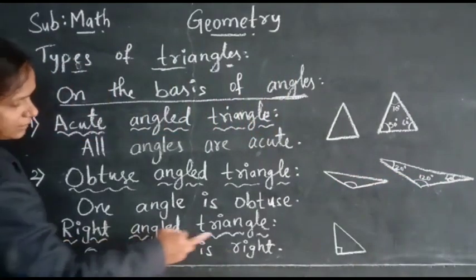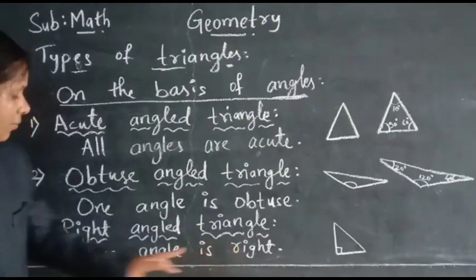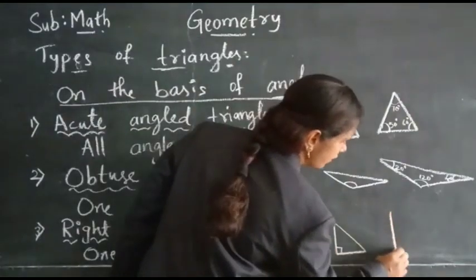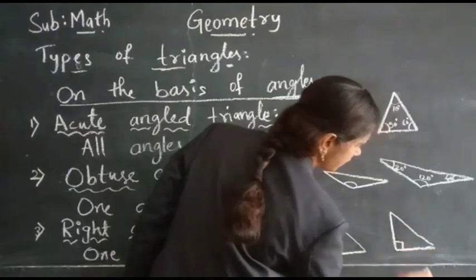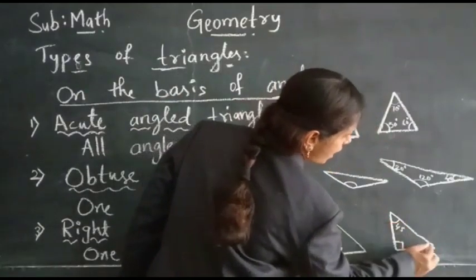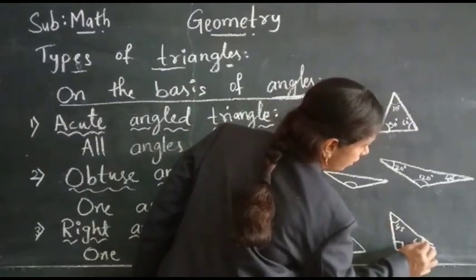Now the right angled triangle. A right angled triangle is nothing but one angle is a right angle. Means in the 3 angles, one angle you should take as a right angle, nothing but 90 degrees. So the other two you will get as 45, 45 or 50, 40, like that.